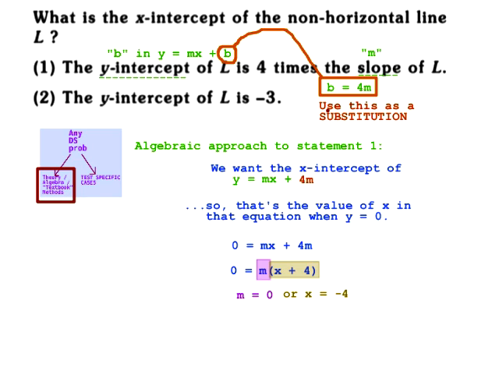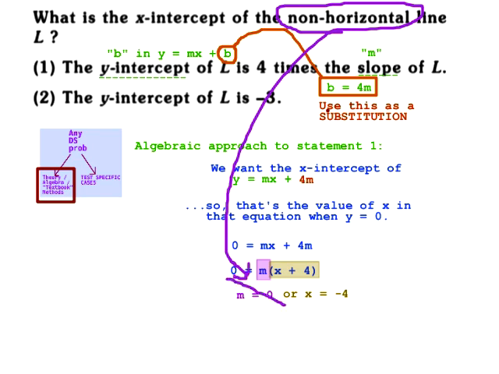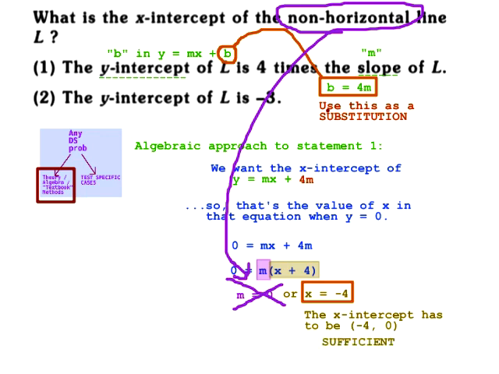Yeah, we know that the line is non-horizontal. So m is 0 means you have a flat line with horizontal slope. So this rules out this. And so that means the only case that is left is this. So the x-intercept has to be (-4, 0). And so that's sufficient.